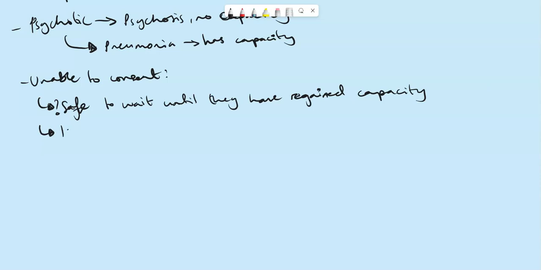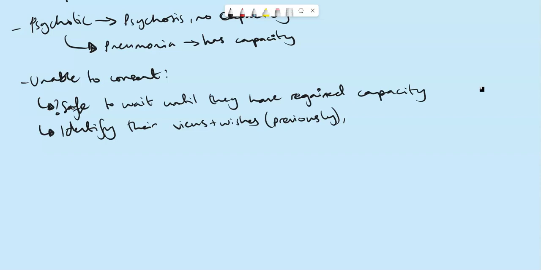And then identify their views and wishes which they've held previously. So let's say somebody who gets cancer, or somebody says before they got dementia, if I have cancer I would never want to be treated, and maybe they've written that somewhere.